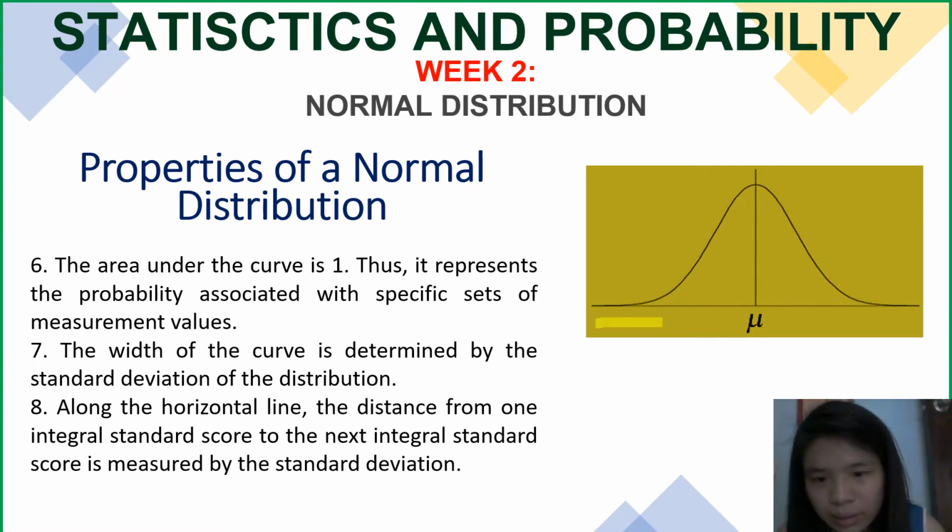Our area under the curve is this. Etong nasa ilalim niya. So, hanggang sa pinakadulo ng tail niya sa right, yung area niya, capital letter A, dapat equal siya sa 1. Yun ang ibig sabihin nitong property number 6.